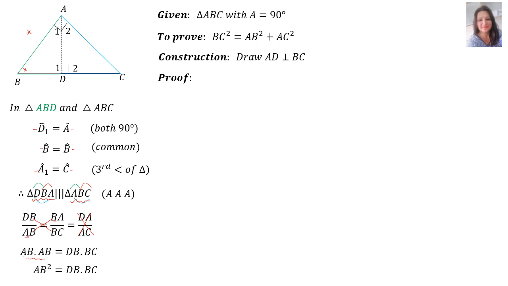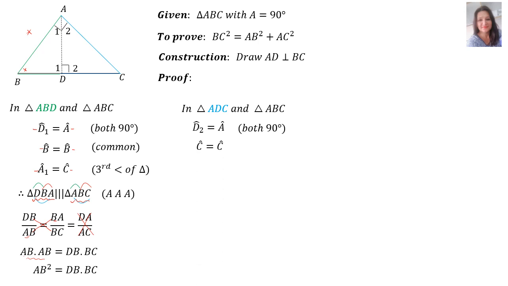Now we move over to the right-hand side triangle, the blue one. And we're going to prove triangle ADC, the blue one, and triangle ABC, the big one. We're going to prove them similar. So we can start by saying that angle D2 is equal to angle A. And your reason, they are both 90 degrees.